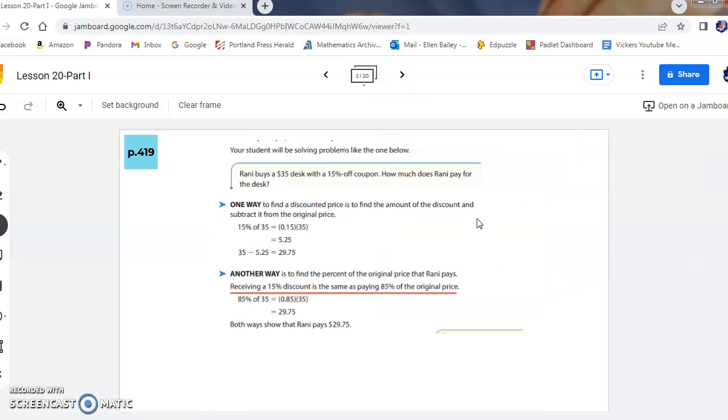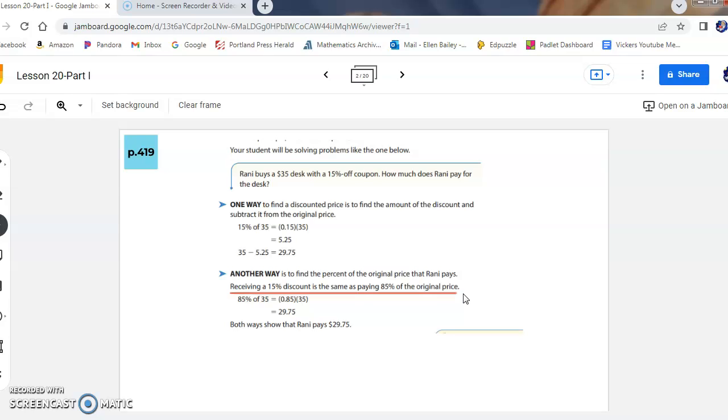If you look at the bottom of page 419, on this section called Another Way, I'd like you to underline this sentence right here. It says receiving a 15% discount is the same as paying 85% of the original price. Right now, I'm hoping that makes sense to you.